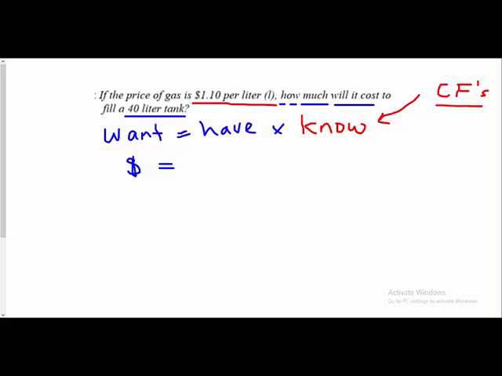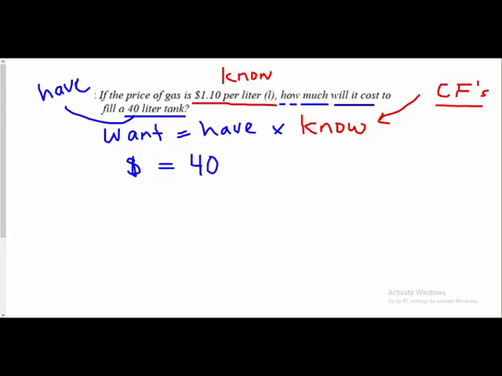Okay, that will be an obvious conversion factor. This is a rate or just a statement that relates two units. So that's actually going to be our conversion factor. That's what we know, which means that the 40-liter tank is what we have. So our 40-liter tank is our starting point.